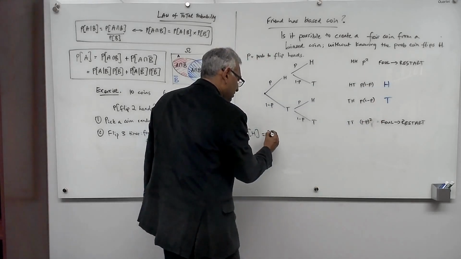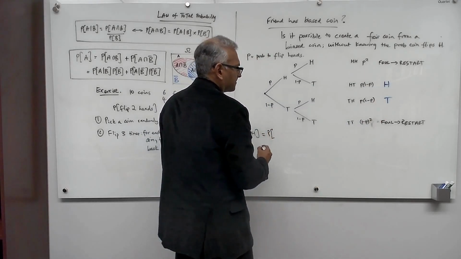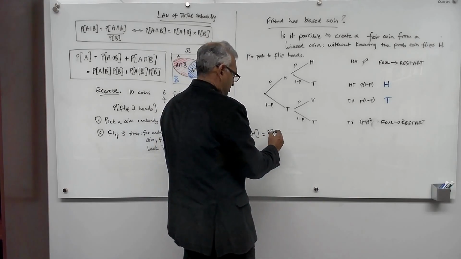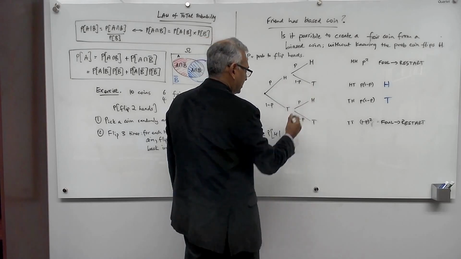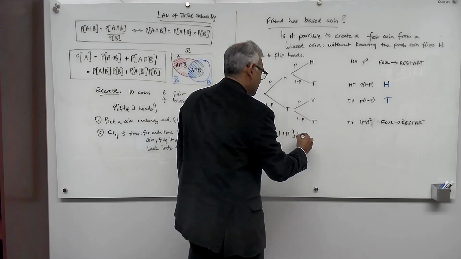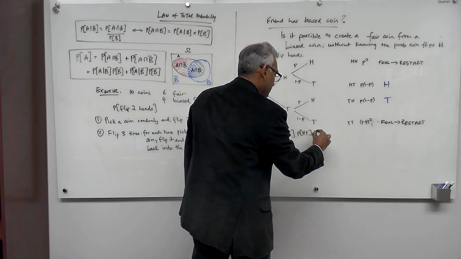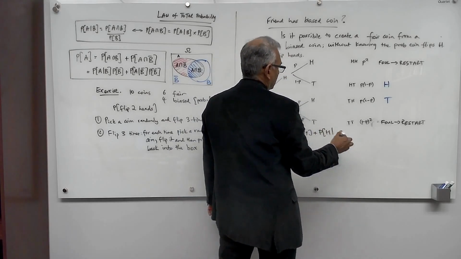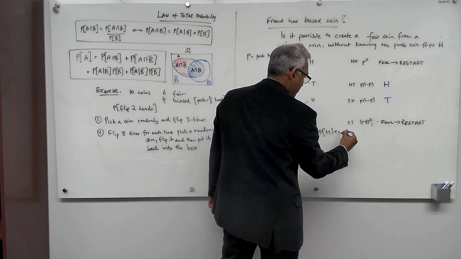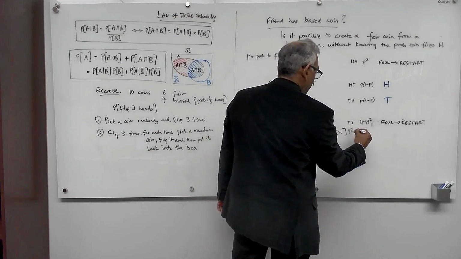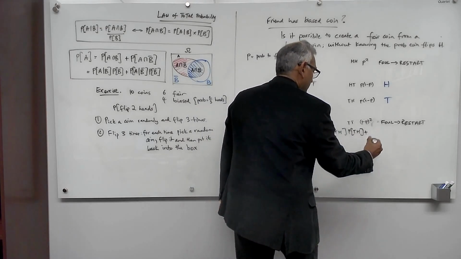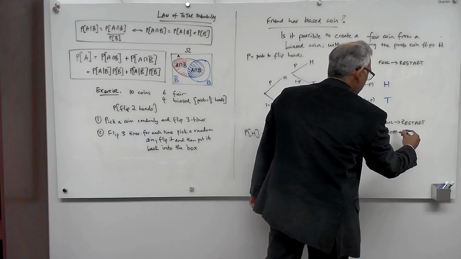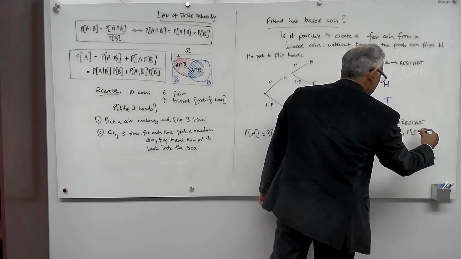So the probability of heads is equal to the probability of heads given heads, tails, times the probability of heads, tails, plus the probability of heads given tails, heads, times the probability of tails, heads, plus the probability of heads given restart, times the probability of restart.